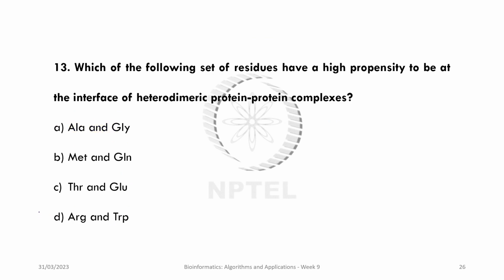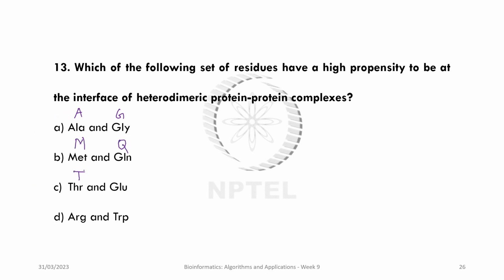Question 13. Which of the following set of residues have a high propensity to be at the interface of heterodimeric protein-protein complexes? Same question, different options. Option A, alanine and glycine. Option B, methionine and glutamine.